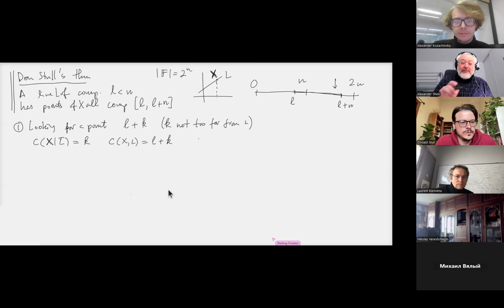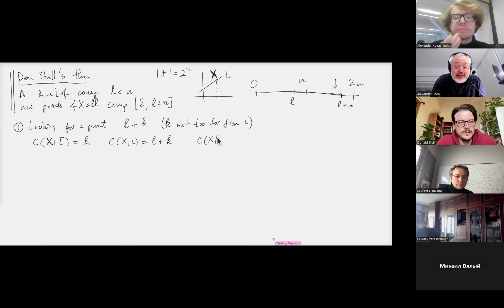So what remains to show is that the complexity of L given x is 0. Why? Imagine there is another line, L prime, that goes through x.